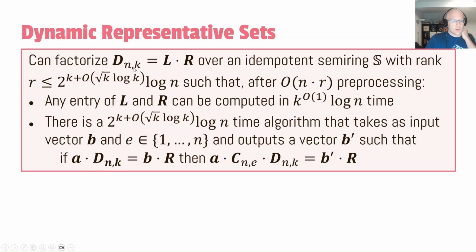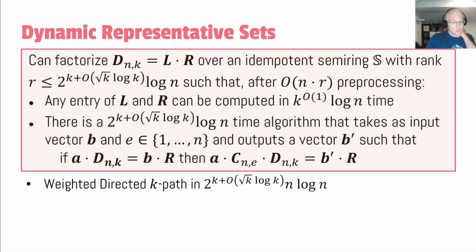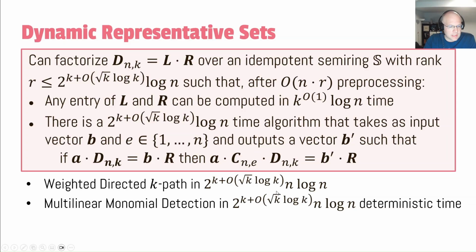But it doesn't work with the Kronecker product. But in the proof there is this reduction to the Kronecker product. And as consequences, the weighted directed k-path problem can be solved in this particular running time, and also a bunch of other problems can be solved quite quickly.